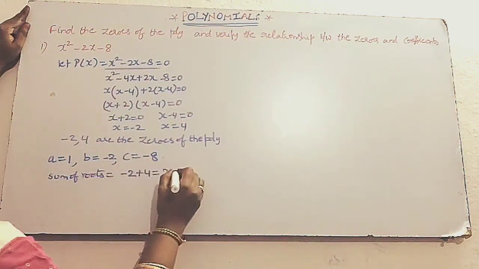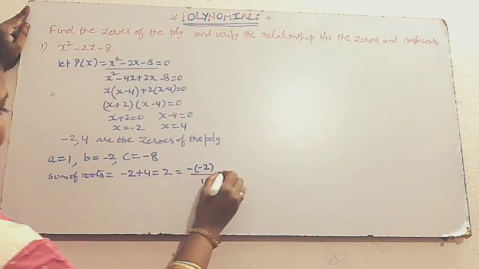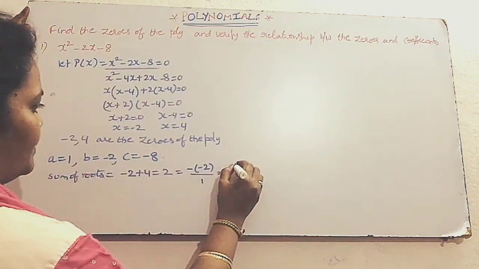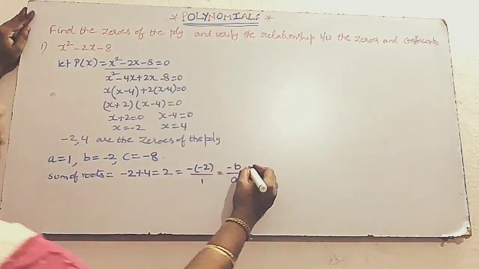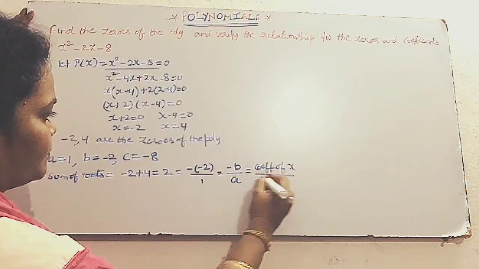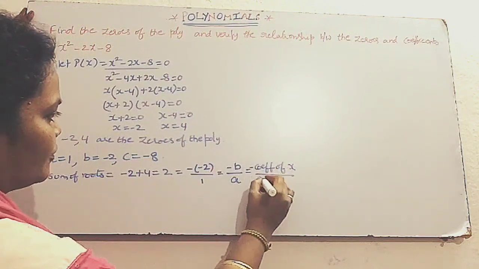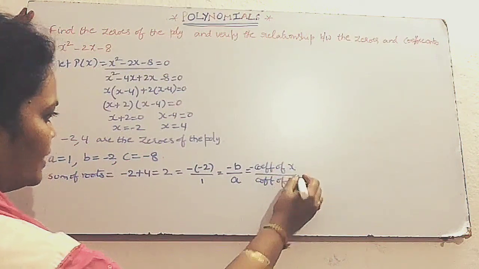I will write 2 as minus of minus 2 by 1, that means minus b by a, that is minus coefficient of x by coefficient of x square.